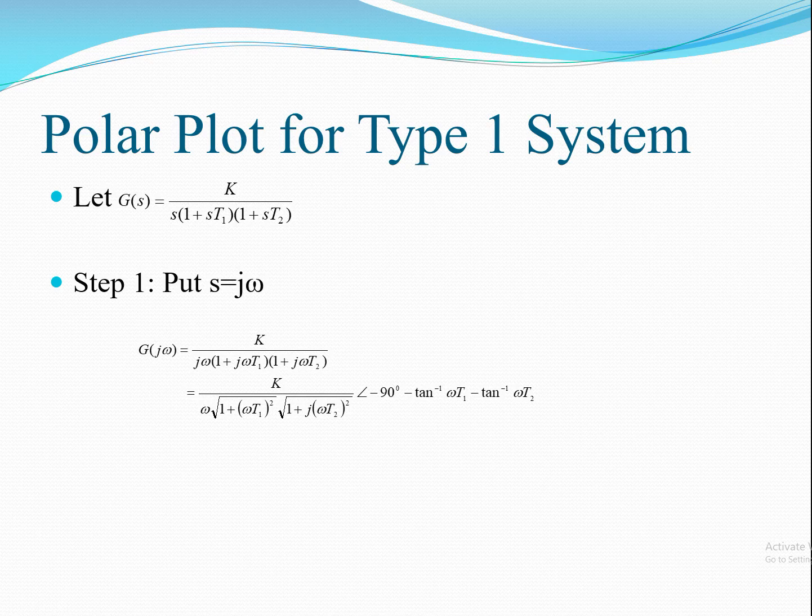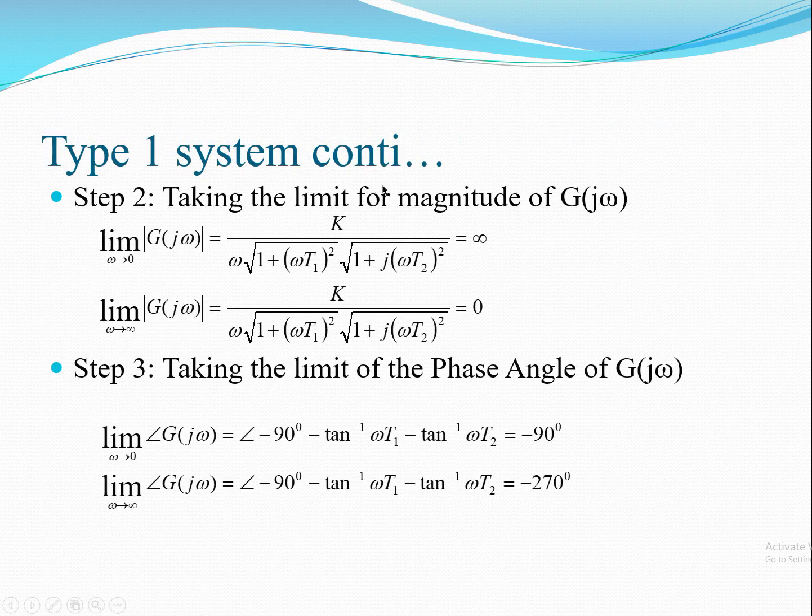Next step is putting some limits, the limit for the magnitude part and the phase angle. Taking the limit of magnitude, if omega tends to 0, we get infinity. As omega tends to infinity, it will be 0. So the magnitude starts from infinity and ends at 0.